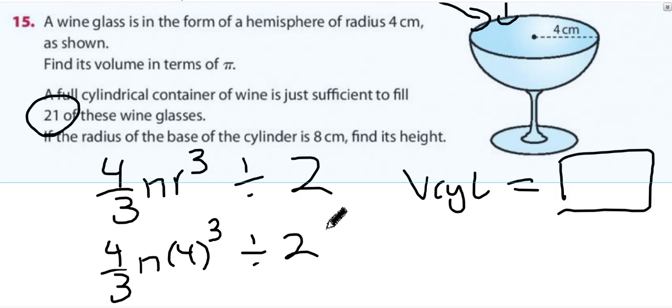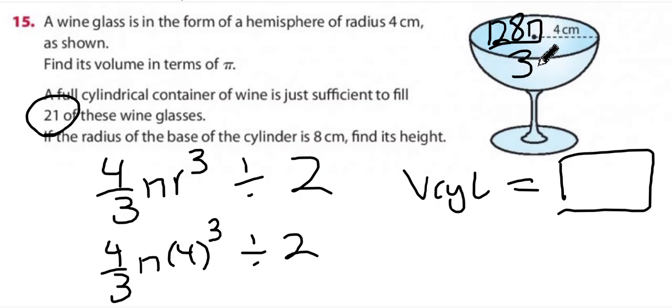Okay, guys, did we get an answer for that? 4 over 3 pi, 4 cubed, then divide the answer by 2. Did anybody get 128 over 3 pi? I did. Okay. Now, that 128 over 3 pi is quite simply the volume of one hemisphere.